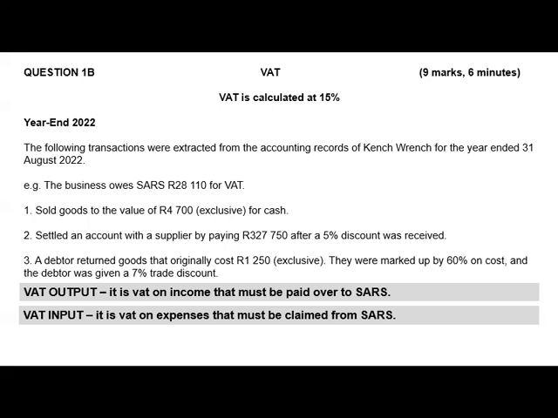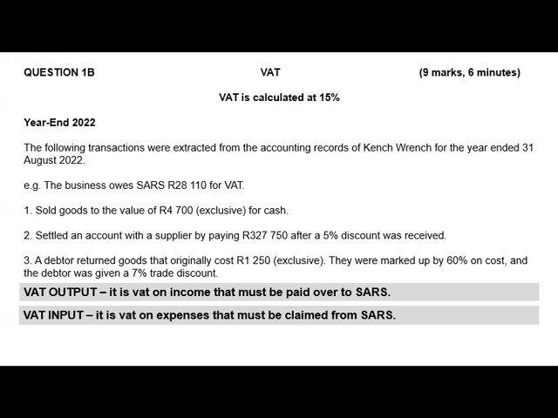But first, I need to find out the 5%. I want 5% and I'm given 95%. So, because 327,750 is 95%, I didn't pay 100% of what I was owing. I only paid 95%. So I was owing 100%, but I don't want 100%. I just want the 5% discount.